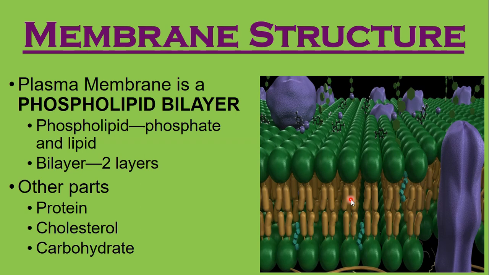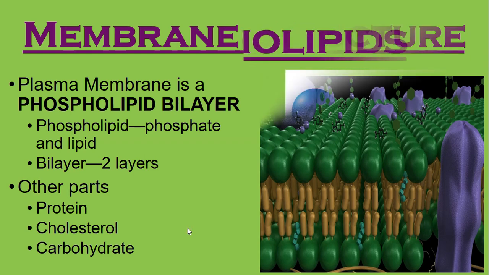If you don't remember, go check out that video again: lipids, proteins, and nucleic acids. And bilayer means two layers of these phospholipids. Other components are the proteins, the cholesterols, and the carbohydrates. You can already see some of that in there. They're all going to work together to maintain the function of the cell membrane.